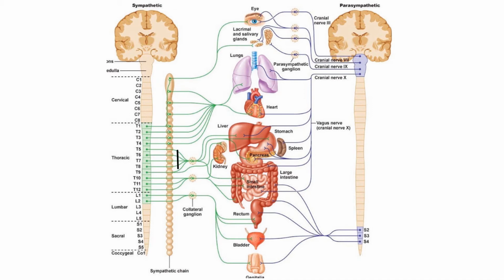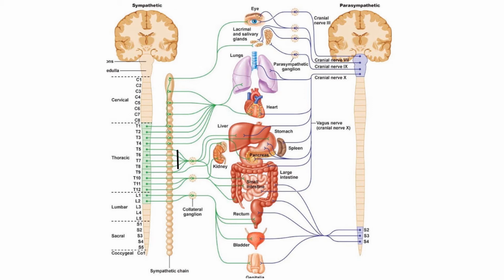Now, there is a scenario that says that white rami pass through the ganglia. They do not go up or come down. They leave the ganglia without synapse, and then they go out of the sympathetic trunk to reach another group of sympathetic ganglia, which are not paravertebral but prevertebral.